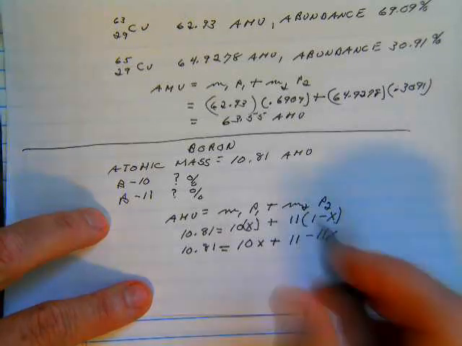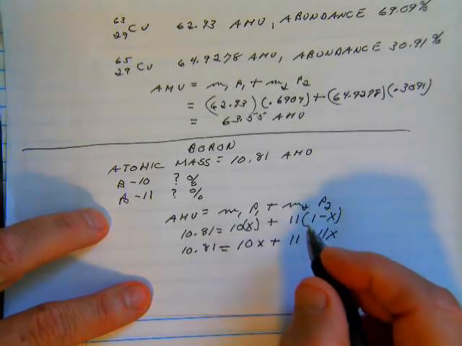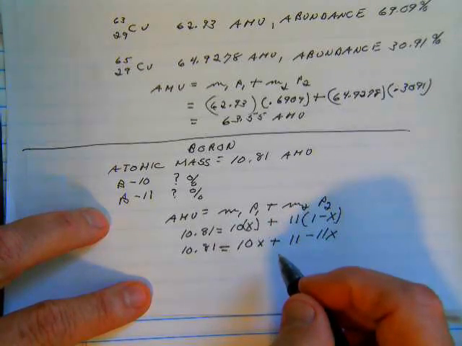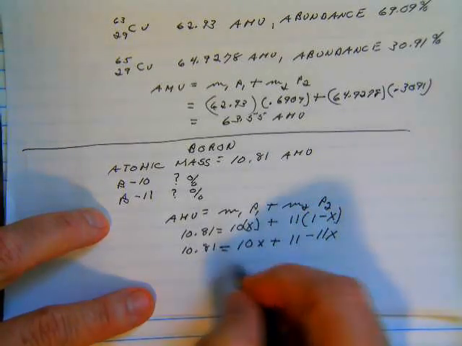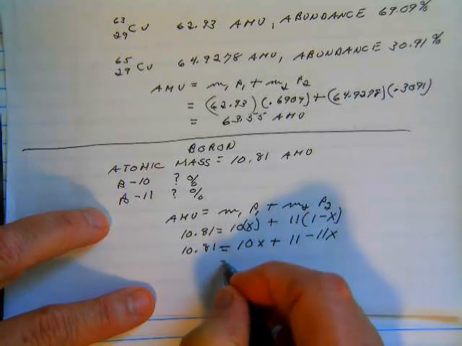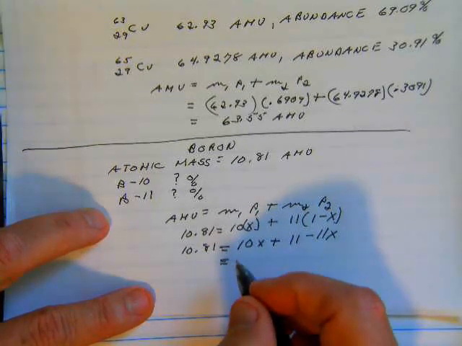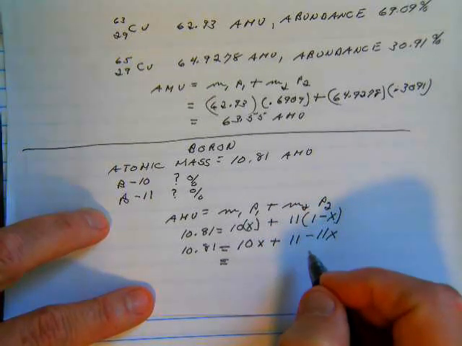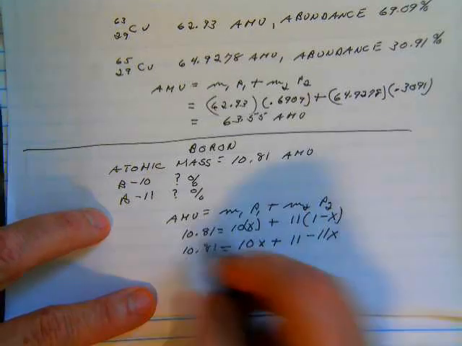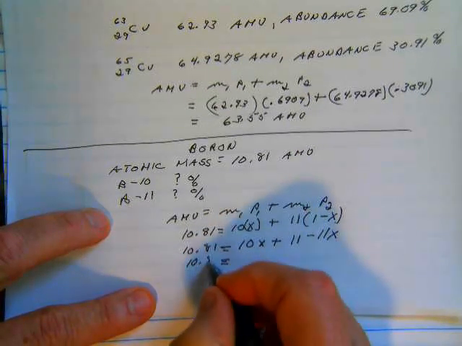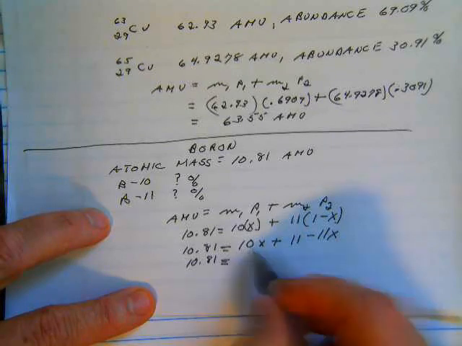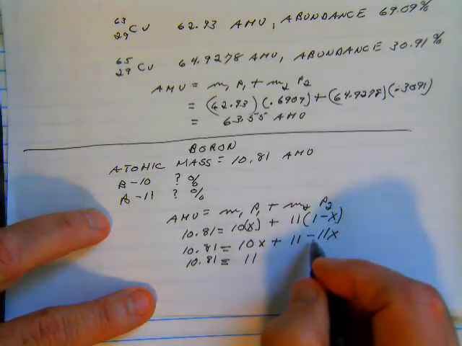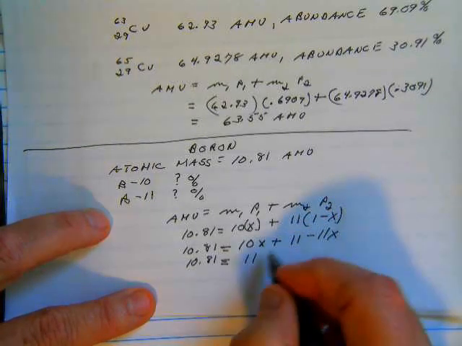Let's start combining like terms here. What we end up with is 10.81 equals 11, and 10X plus negative 11X is going to give us a negative X.